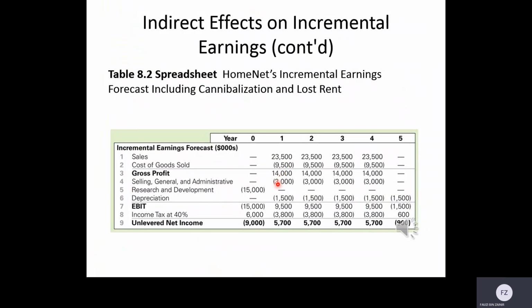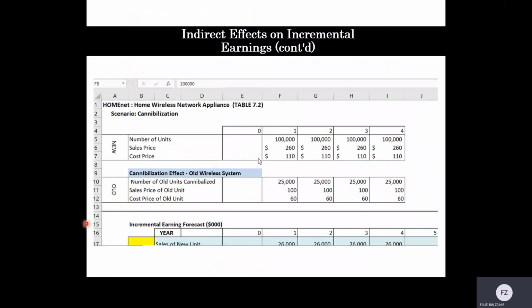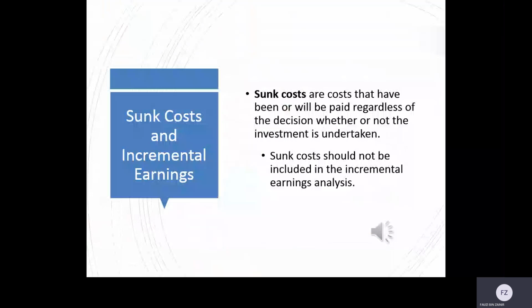But in order for us to understand how the numbers come about, we have to dissect it, and it will be reflected in the following Excel spreadsheet. So let's turn to the cannibalization effect. What we have here is based on the Excel spreadsheet under the tab. About that.